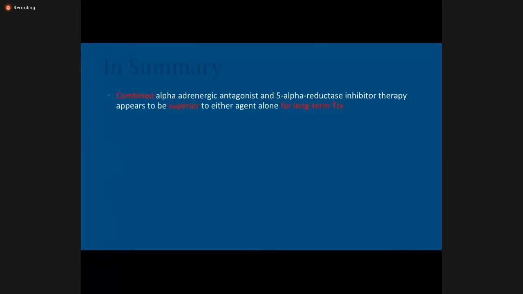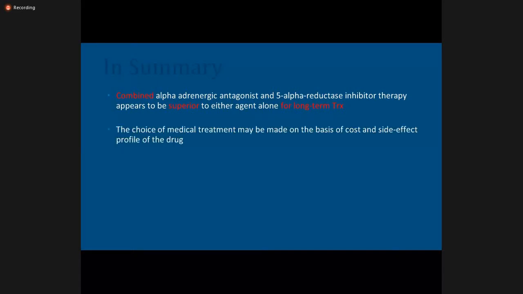The summary continues. Combined alpha-adrenergic antagonists and 5-alpha reductase inhibitors therapy appear to be superior to either agent alone for long-term treatment. The choice of the medical treatment may be made on the basis of the cost and side effects profile of the drug.